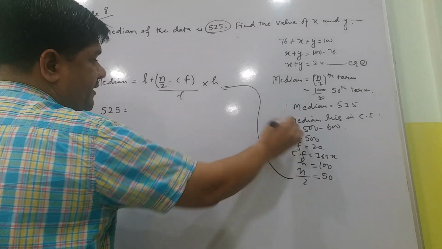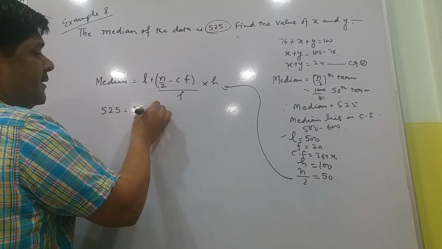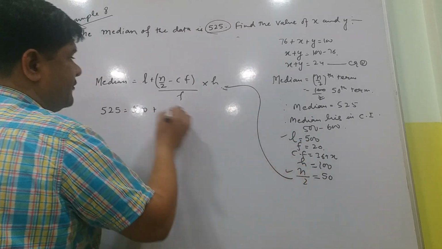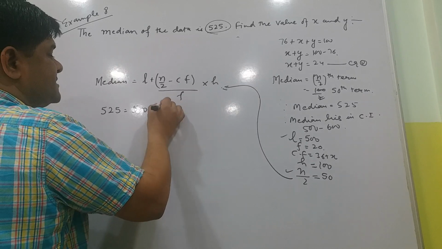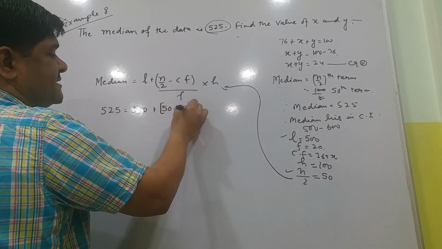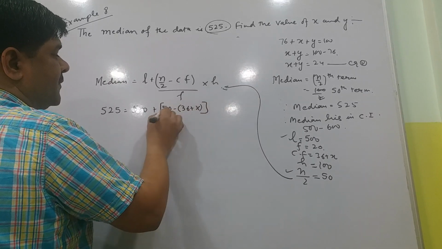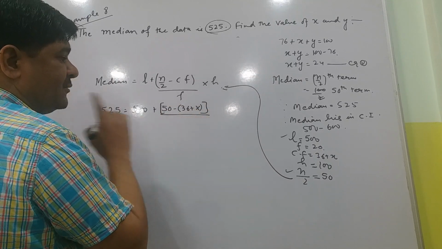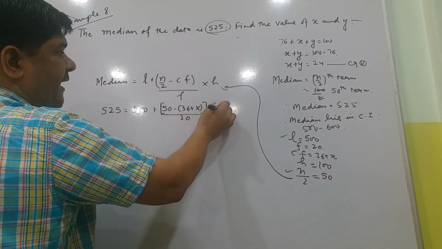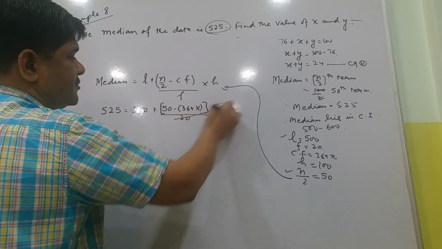L we calculated is 500. N by 2 I calculated is 50. CF I calculated is 36 plus x. Over F, which I calculated as 20. H we calculated is 100.